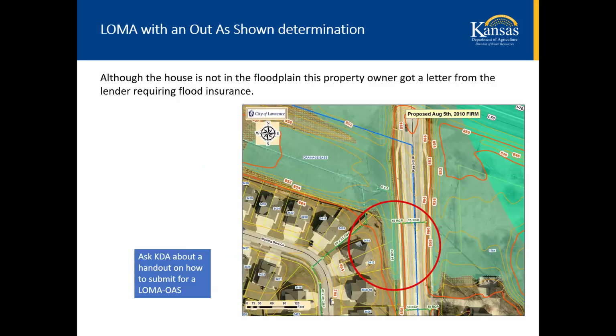So again, with the Out As Shown, in this case, you can see the structure is not mapped into the floodplain, but the property owner got a lender notice that they are requiring flood insurance because of their flood zone. Again, the determination companies are not looking through the actual images or maps to determine who is in the special flood hazard area.